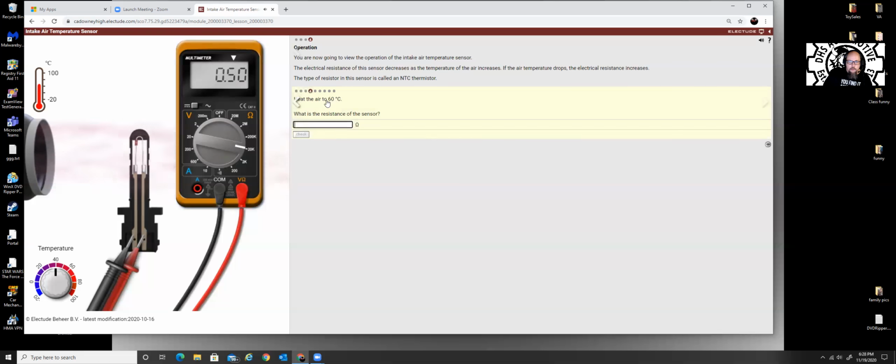Move to 60 degrees centigrade. Well, I'm starting to run out of room here, aren't I? Okay. 0.18. Well, if this side of the decimal is indicating 1 kilo ohm, that would put this at 0.18, meaning it's going to be 180 ohms, because we're dealing with thousands, so go out to 3 places after.